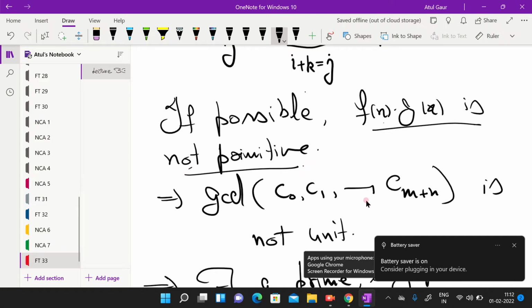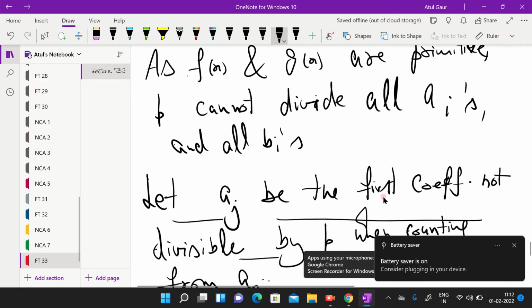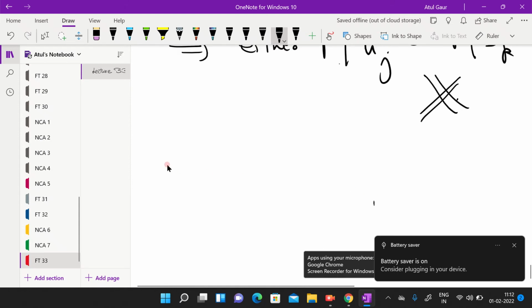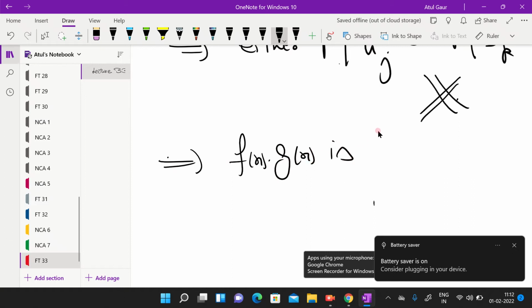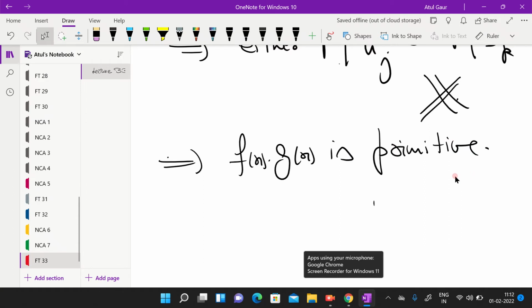That means ऐसा कोई prime आपको मिलेगा ही नहीं. So this means fx into gx is primitive. So this completes the proof.